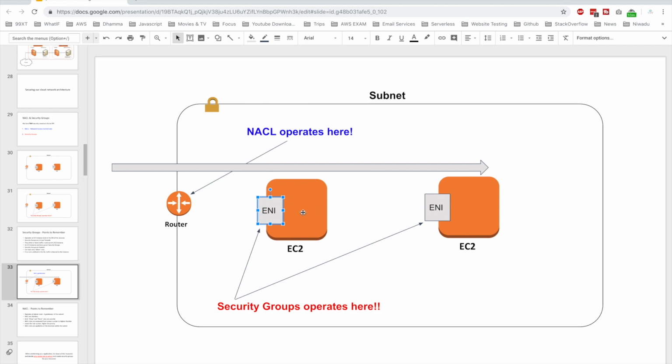So if we consider the EC2 instance, the first level of defense is the security group, and the second level of defense is the NACL or network access control list. Since NACL is defined at the subnet level, all the rules that we define at the NACL are applicable to all the instances or all the resources inside the subnet.